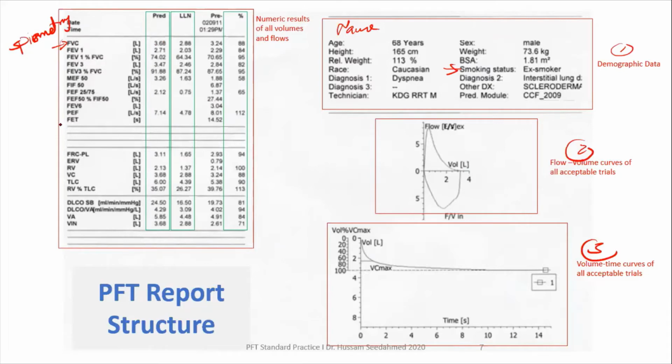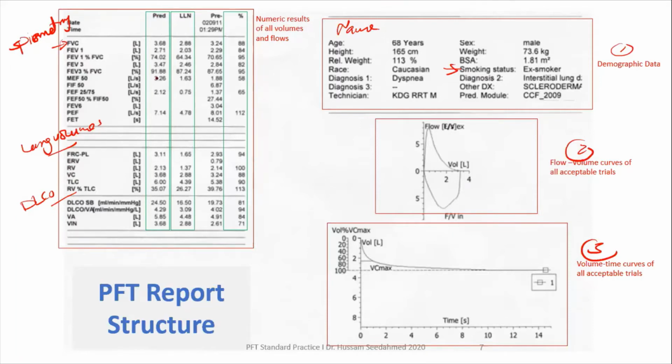All of these are spirometric measurements that we talked about last time. And the next also contains the lung volumes. So this is the lung volume section. Also here, it contains the DLCO. Sometimes it may contain more. But the important ones are the spirometry, lung volumes, and the DLCO.